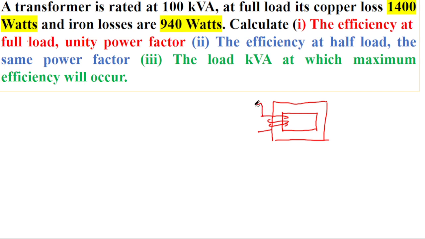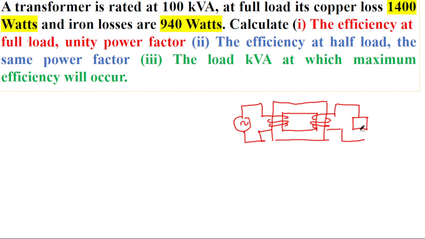This is the primary of the transformer, where the electrical source is connected, and this is the secondary of the transformer, where the load is always connected.